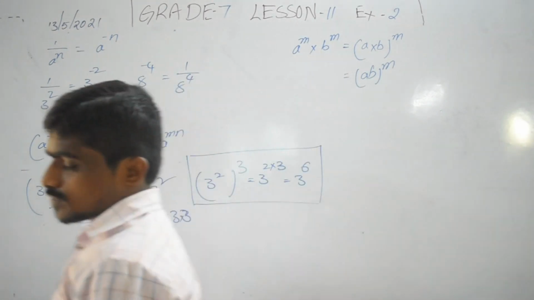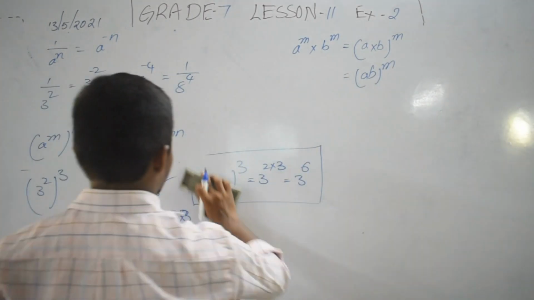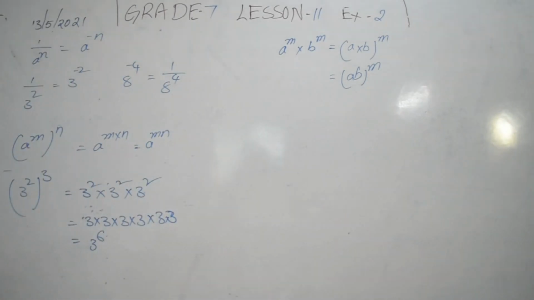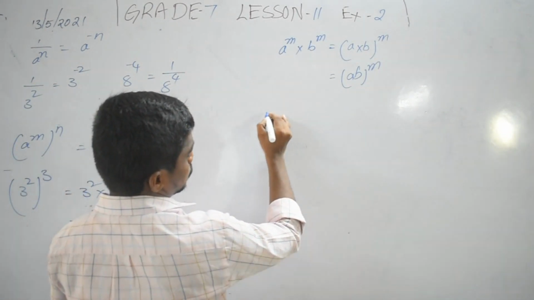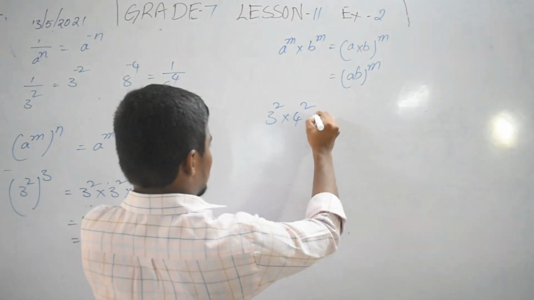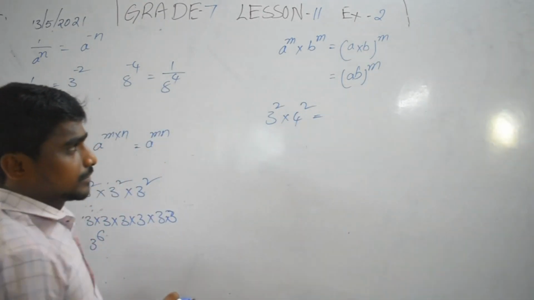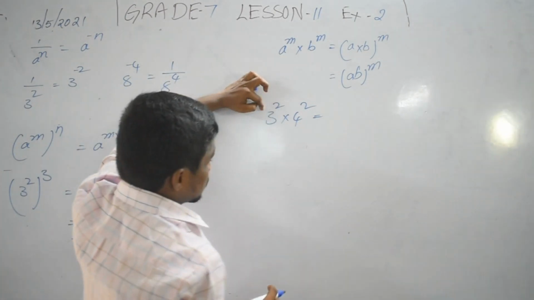One time we use this formula, we check it. Here, a power m. Now 3 square times 4 square.